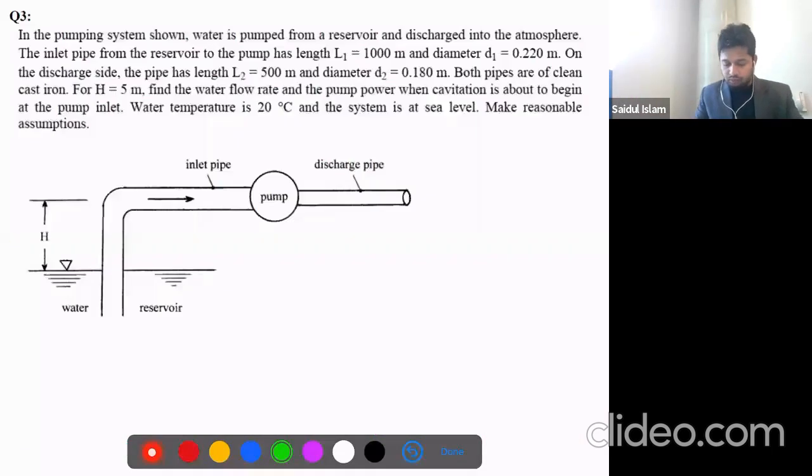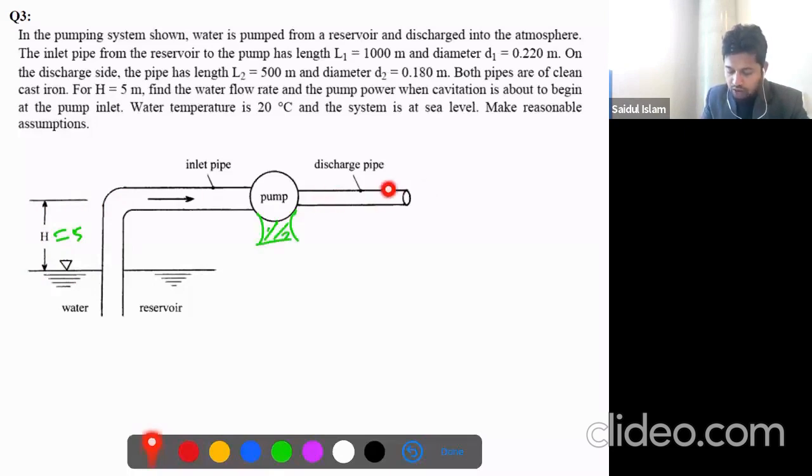So this is question 3. You look, we have the reservoir here. This height is given as 5 meters. We have got the pump here. This is the inlet pipe.